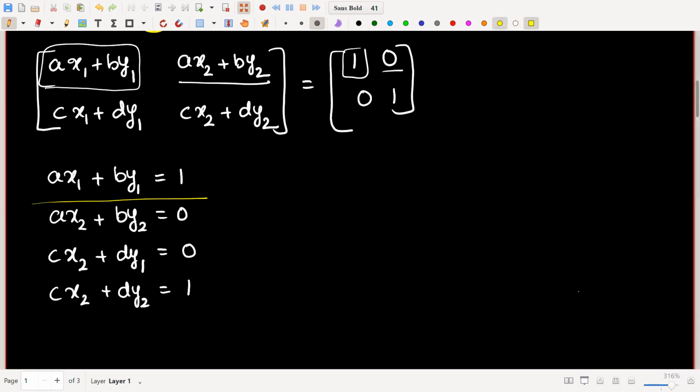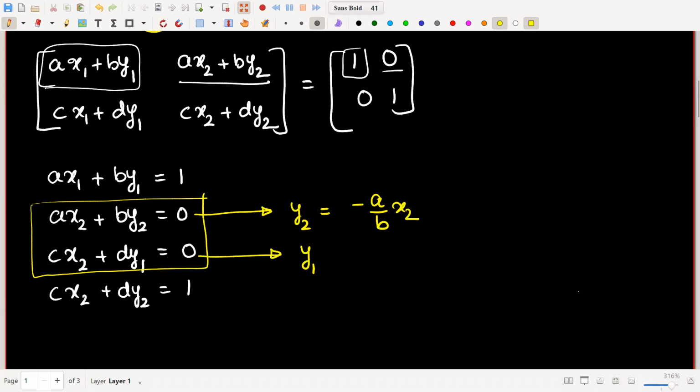So now these two equations are equal to 0. Therefore, from this we can find y2. So y2 is equal to minus a over b x2.